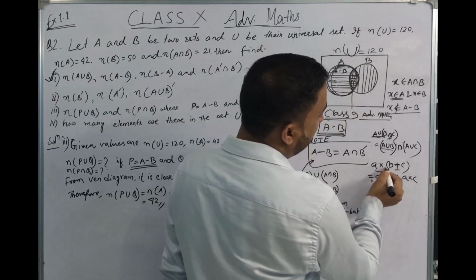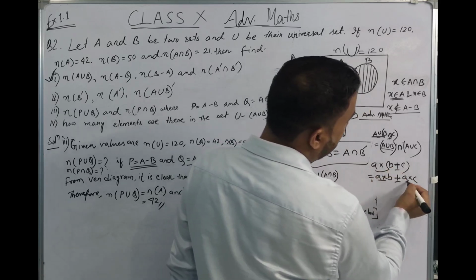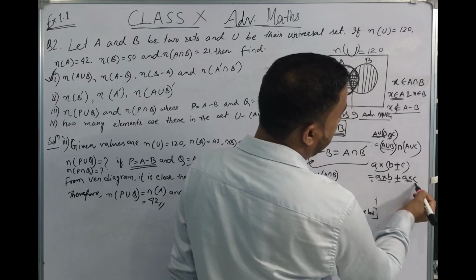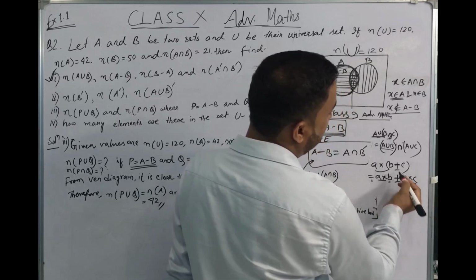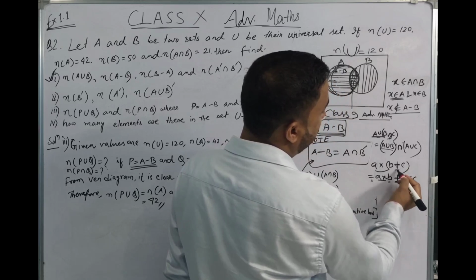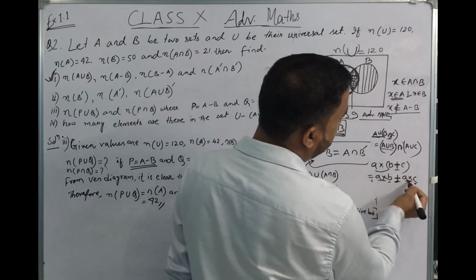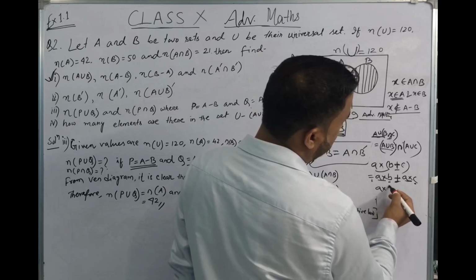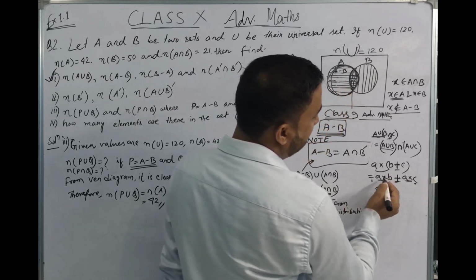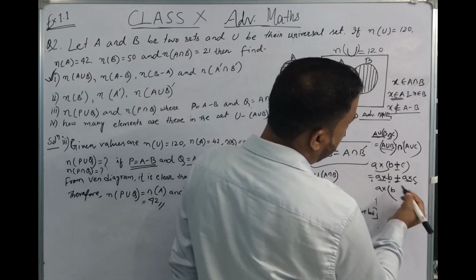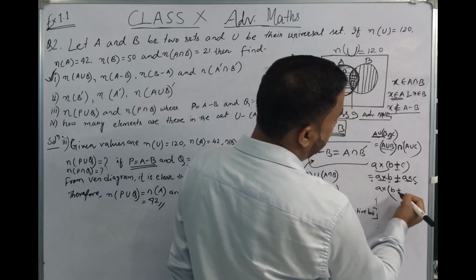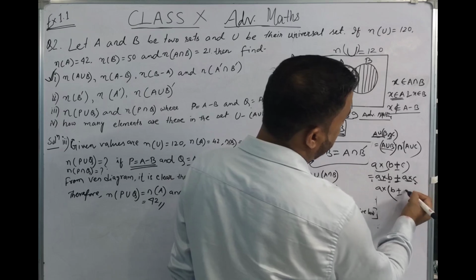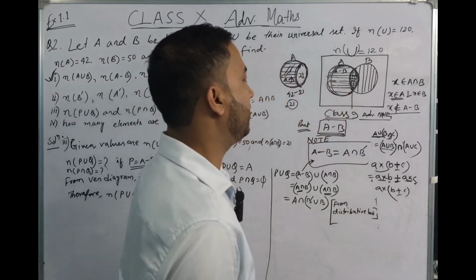That means this A into is common there. Here two elements are there, B and C. And if it is plus, then it will be plus there. If it is minus, it will be minus. So you take the common part A into, then you take bracket. First what is multiplied? B. Then if it is plus there, take plus. If it is minus, then A into what is there? C. Then this will be the distributive law.